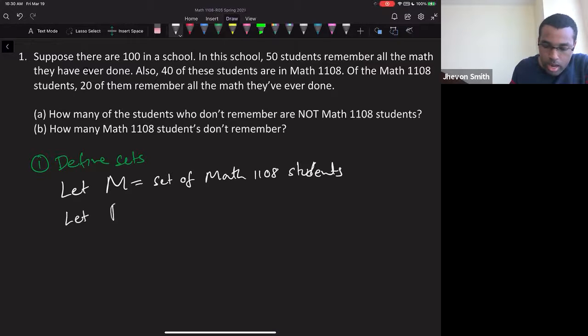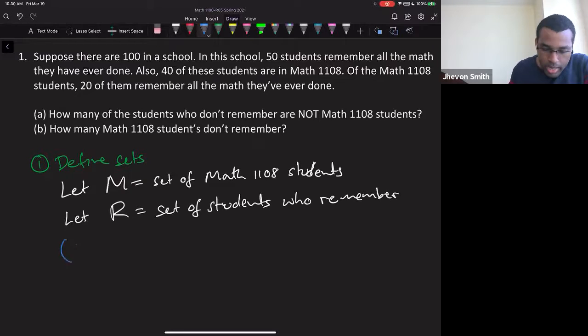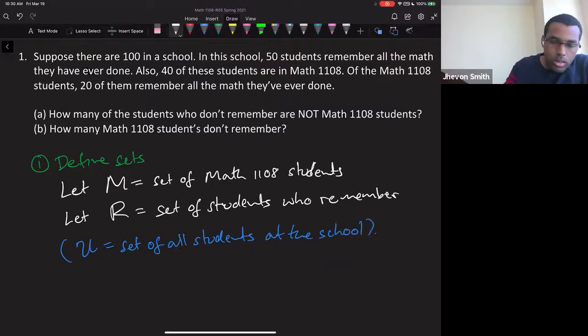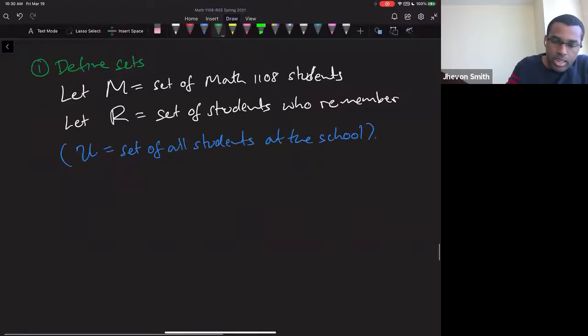Let R equal the set of students who remember. Of course, it's implied that U is the set of all students at the school. So that's us defining our sets.